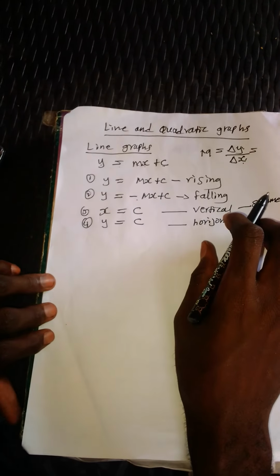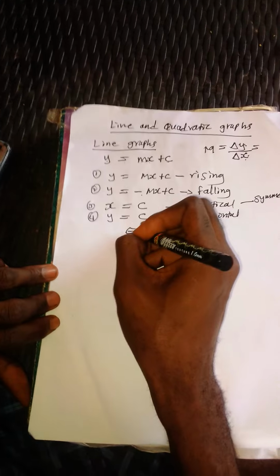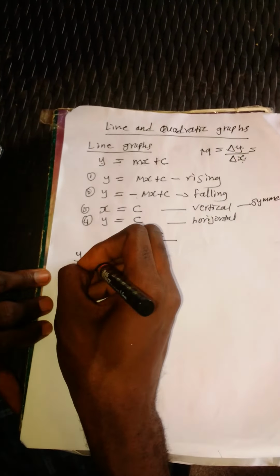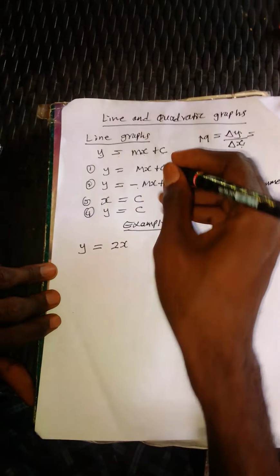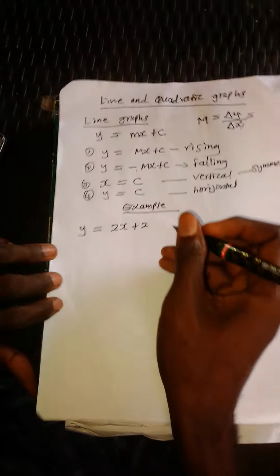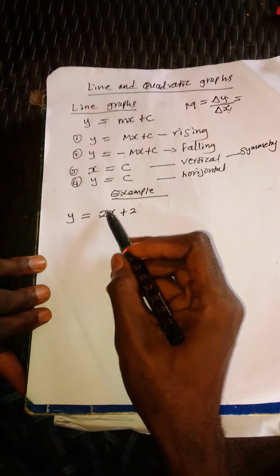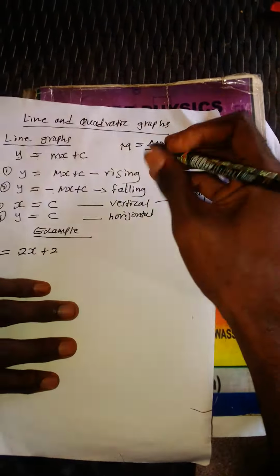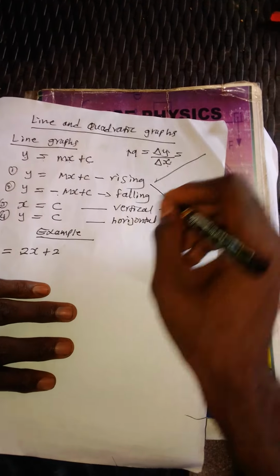So since we have this, how can we graph a line? Let's take a basic example problem. Let m be 2x and let c be positive plus 2. Since the sign here is positive, definitely this is a rising line. Rising lines move this way, falling lines move the other way.